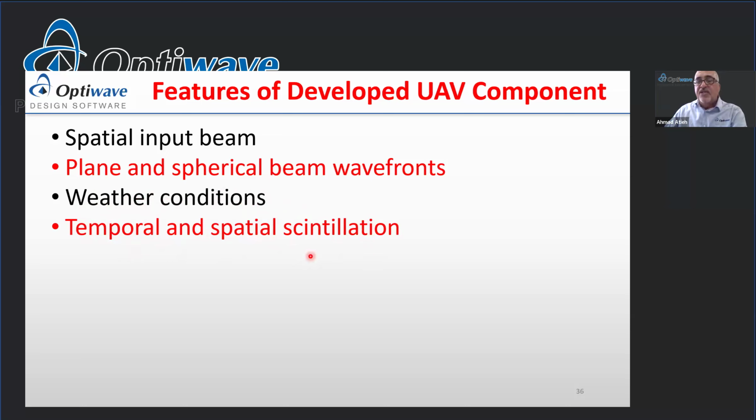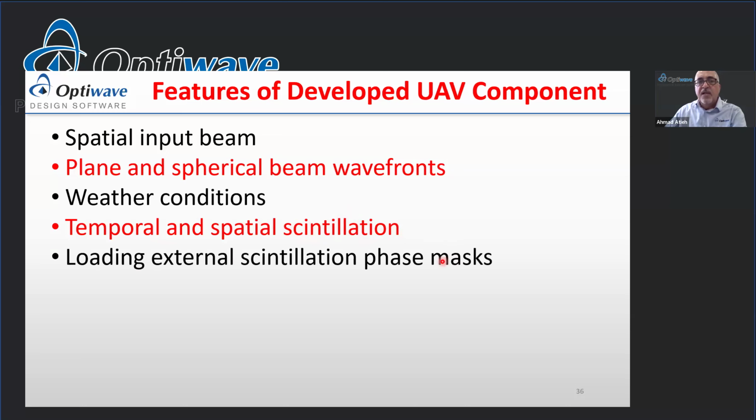In the spatial scintillation, we allow the user to either use built-in scintillation algorithms like, for example, Kolmogorov or another algorithm, or you can load your own spatial scintillation phase mask, for example, through spatial light modulators.